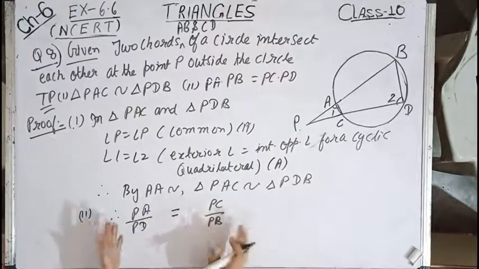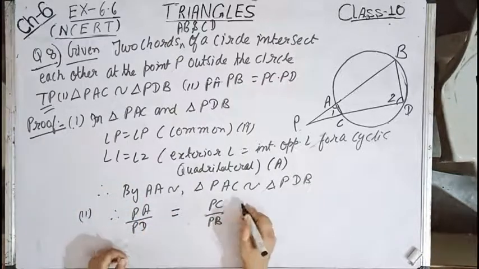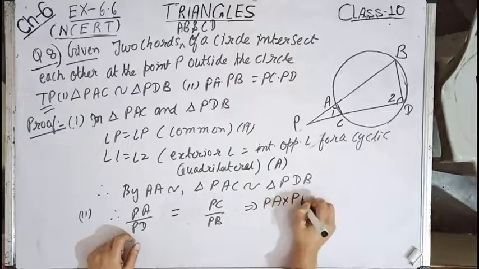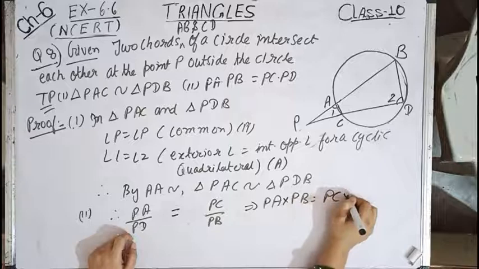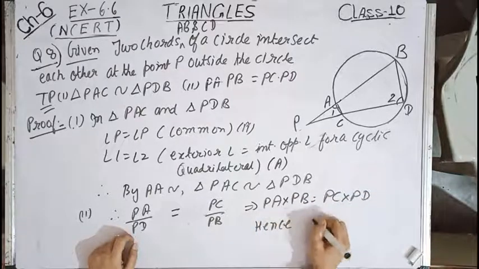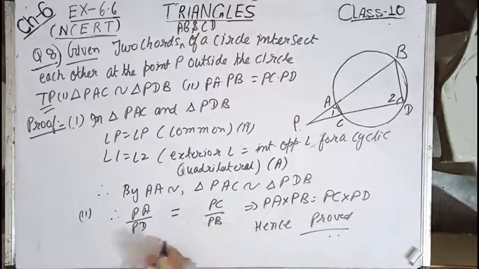Again I repeat, you don't rub, you write all three, write number 1, 2 and 3. From 1 and 3 we will be getting by cross multiplication, PA into PB equals PC into PD, and hence proved.